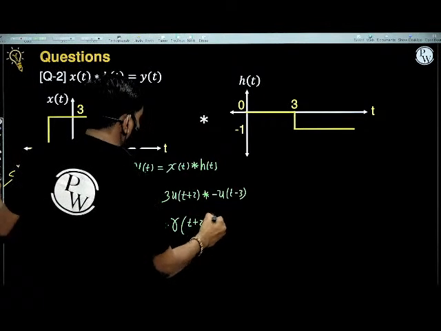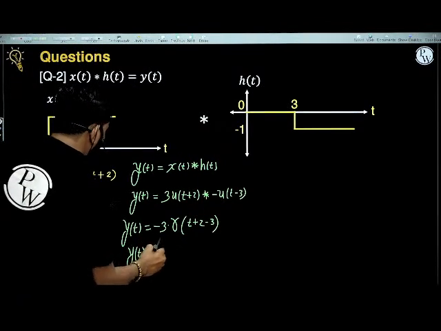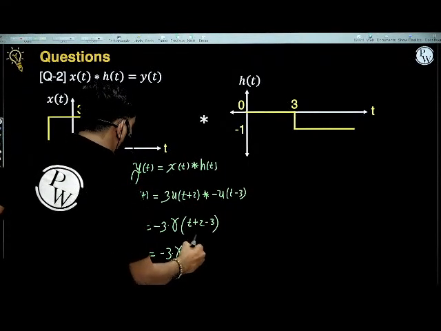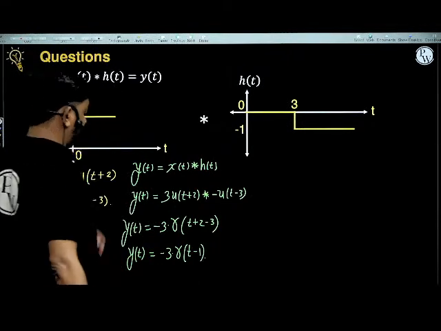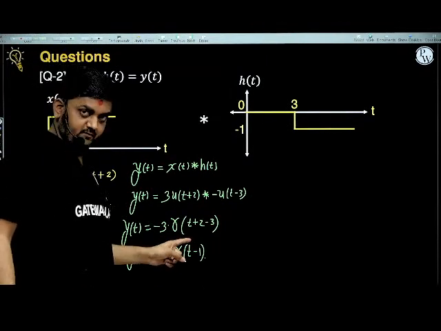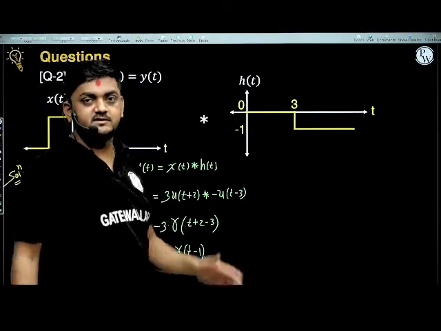So y of t will be minus 3 r of t minus 1. So the resultant signal is a ramp function going towards the right side, starting from plus 1 and with slope minus 3, decreasing slope. Minus 3 means decreasing slope, guys.